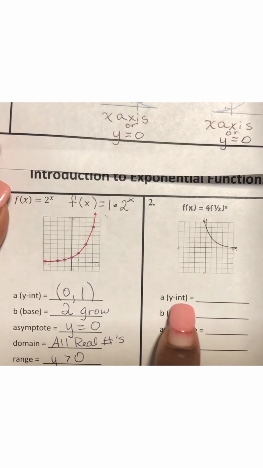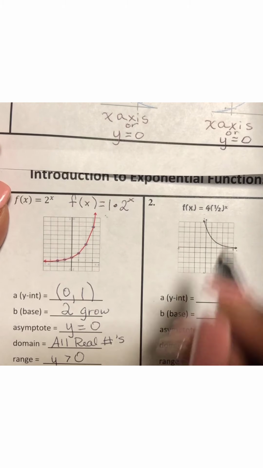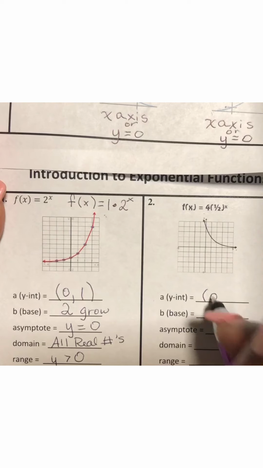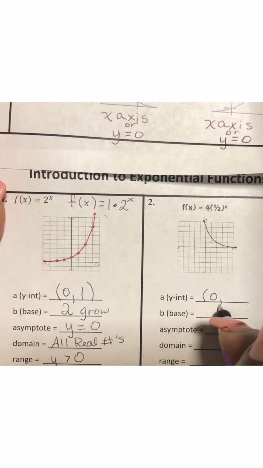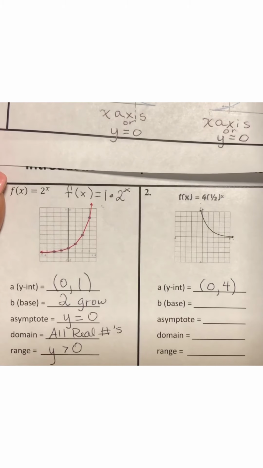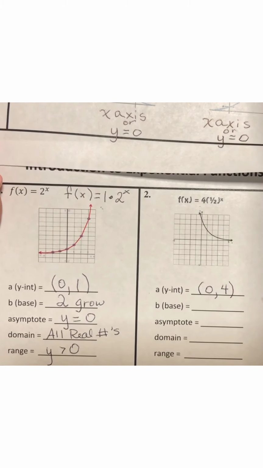Well, a is the y-intercept. And in an ordered pair, x equals 0. And in this case, a is equal to 4. So that means that this graph will touch the y-axis at 4, correct. Now, let's look at the base. The base is the number that is attached to the exponent.